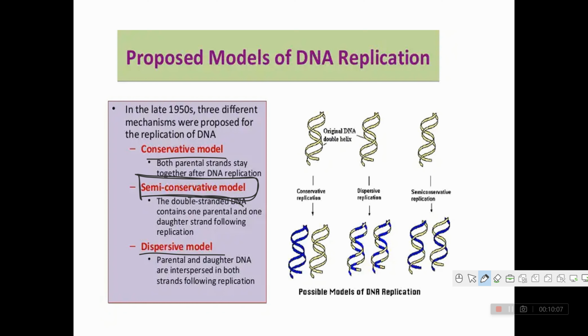In the 1950s, three different mechanisms were proposed for DNA replication: the conservative model, semi-conservative model and dispersive model. In the conservative model, what happened? This DNA is a double helix, right? It contains two strands that are antiparallel with each other.